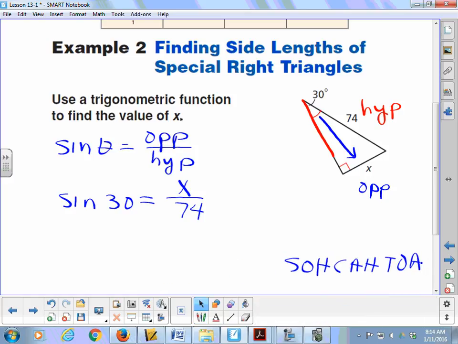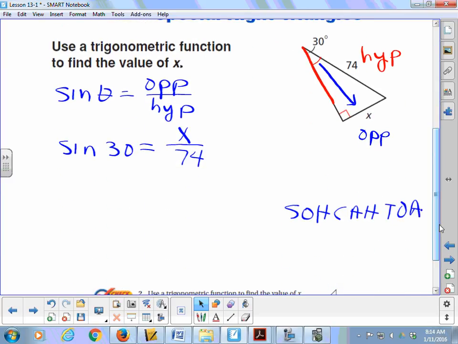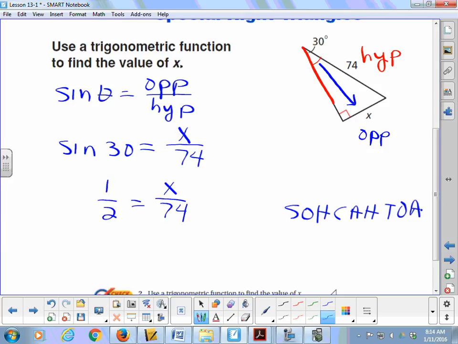So like I said, whenever you have a 30, 45, or 60 degree angle, we always want to use the exact value. So I can look at this chart that looks like most of you put on your paper, and it tells me the sine of 30. So what is the sine of 30 degrees? Okay. Sine of 30 degrees is equal to 1/2. So I'm going to put in 1/2 for sine of 30, and then I can solve this proportion.